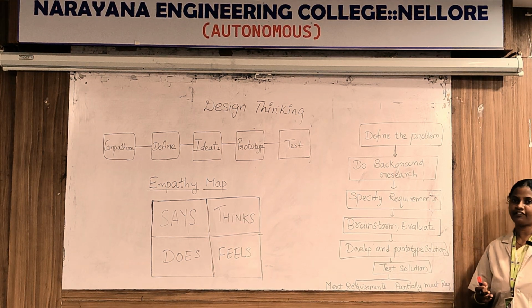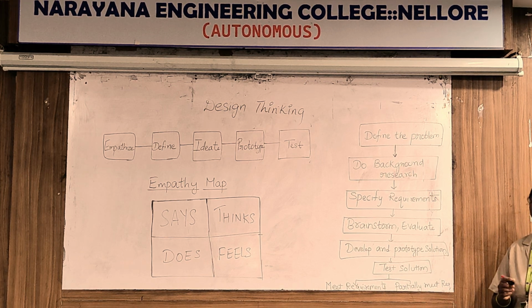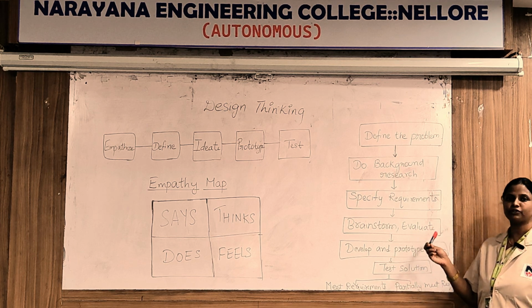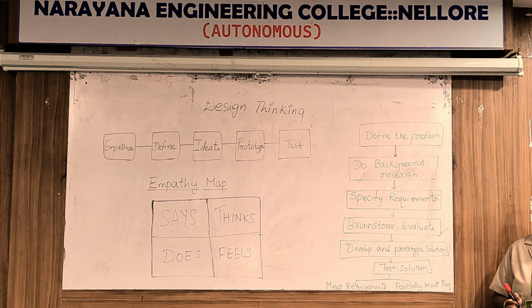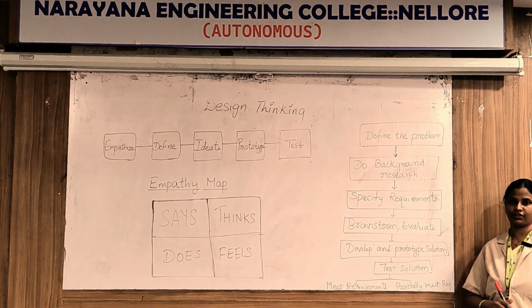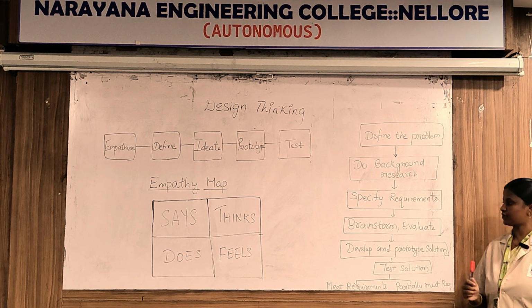After identifying all these problems, we have to evaluate. As we discussed about multiple solutions in idea generation, we get multiple ideas. So, brainstorming is a part of that idea generation, where we get multiple solutions and we have to identify the right kind of solution.